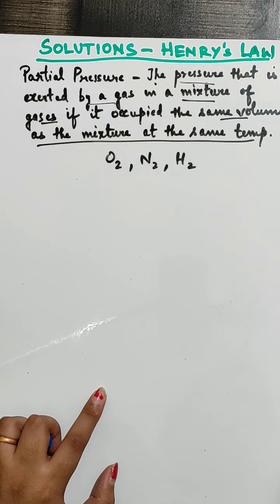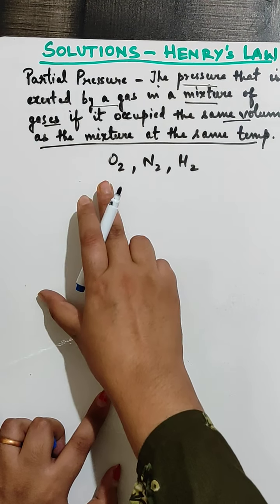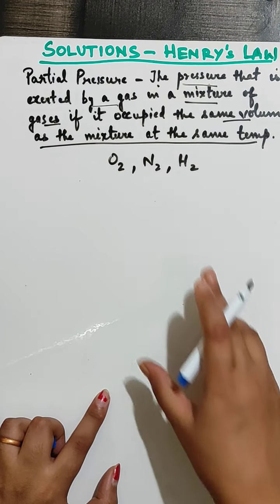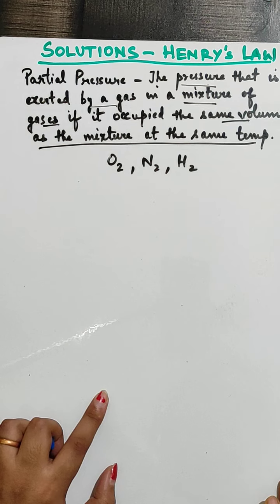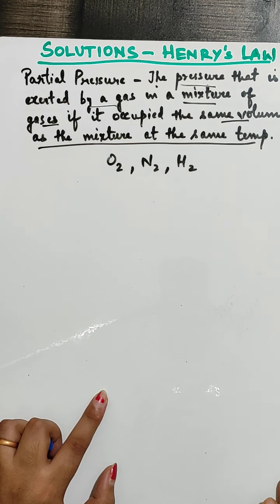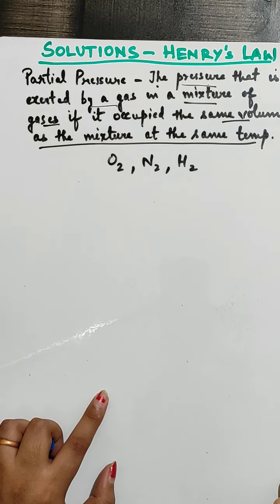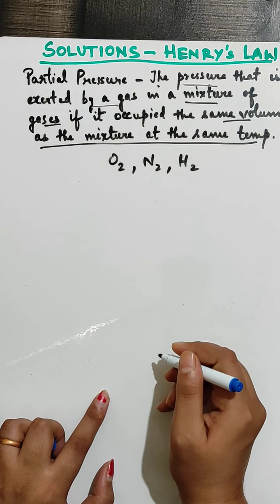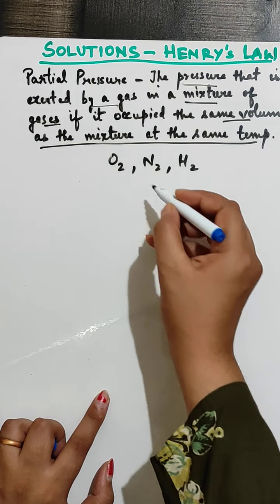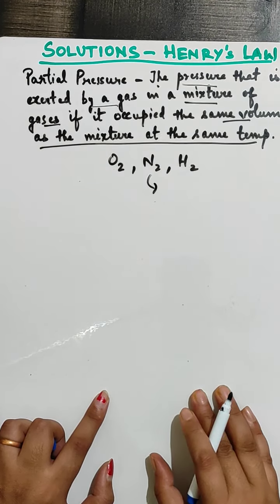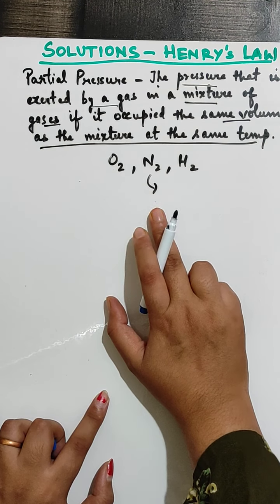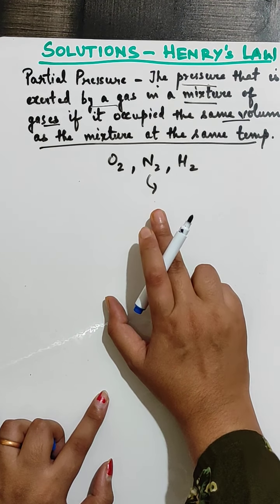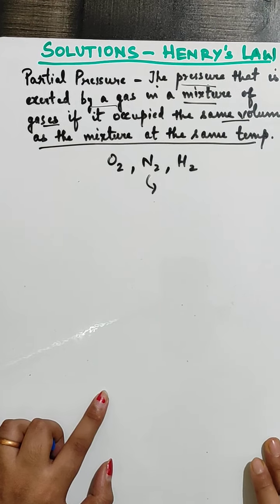If we have oxygen, nitrogen and hydrogen, the solubility depends on their partial pressures, okay? So for example, if we have nitrogen gas only, how much nitrogen will get dissolved depends on the partial pressure of nitrogen.